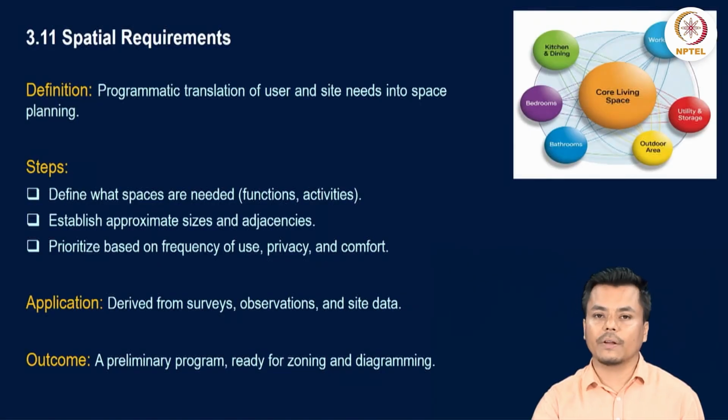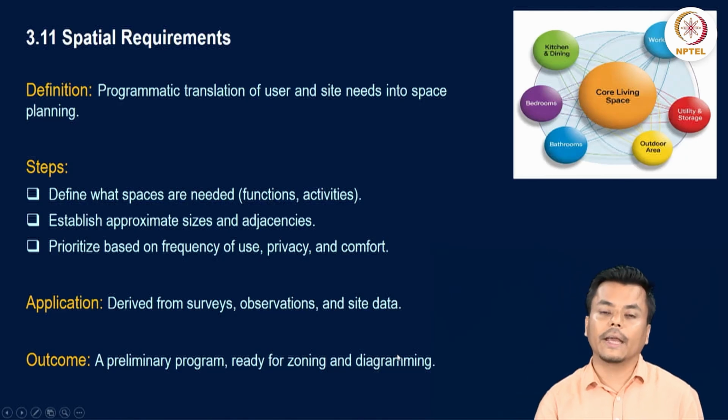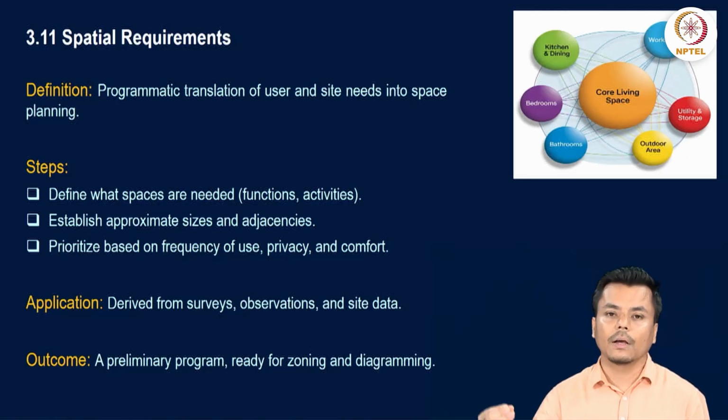Then the spatial requirement, that is the area programming for the site, is done based on the user and site needs, into the planning of the spaces. Based on the case studies that you have done, you will be able to define the area requirement for your project. You will be in a position to come up with a tentative area programming after you compare your case studies and the details about the project from your literature review.